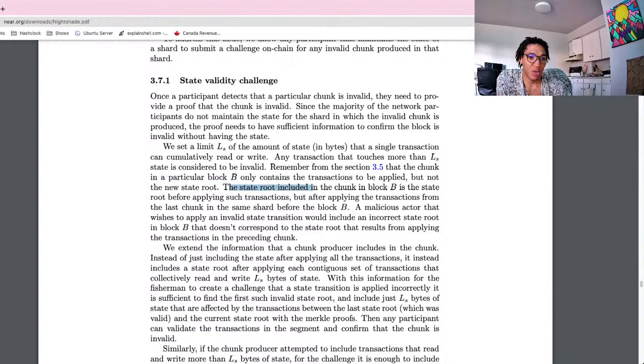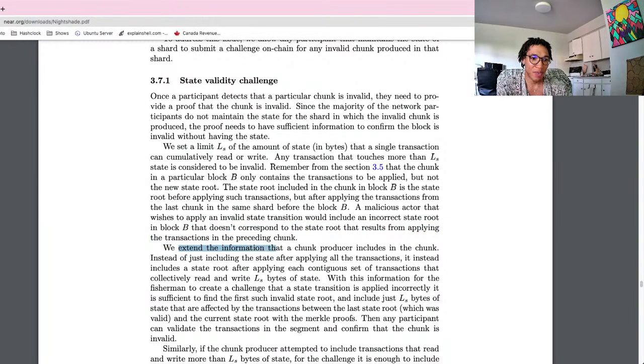The state root included in the chunk in block B is the state root before applying such transactions, but after applying the transactions from the last chunk in the same shard before block B. Yes, a malicious actor that wishes to apply an invalid state transition would include an incorrect state root in block B that doesn't correspond to the state root that results from applying the transactions in the previous chunk.